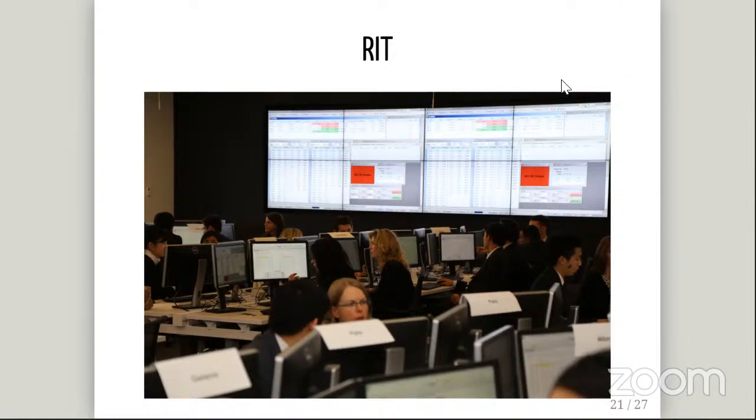I'm sorry to interrupt, Rob. Actually, we are not able to see the screen. We are seeing the screen which shows RIT. Is that the only screen? You have to unshare and share it again, selecting the window. Okay.